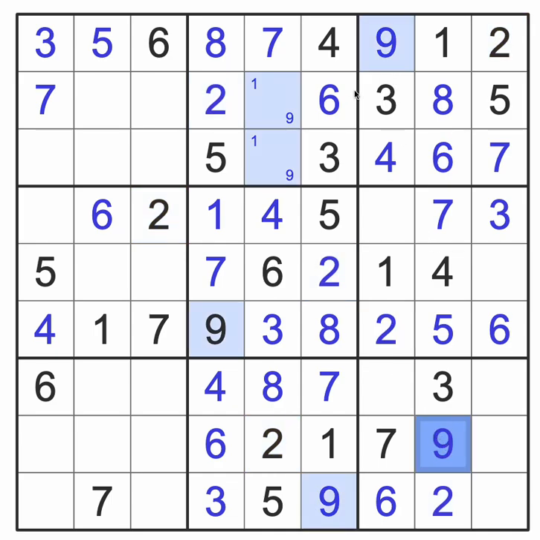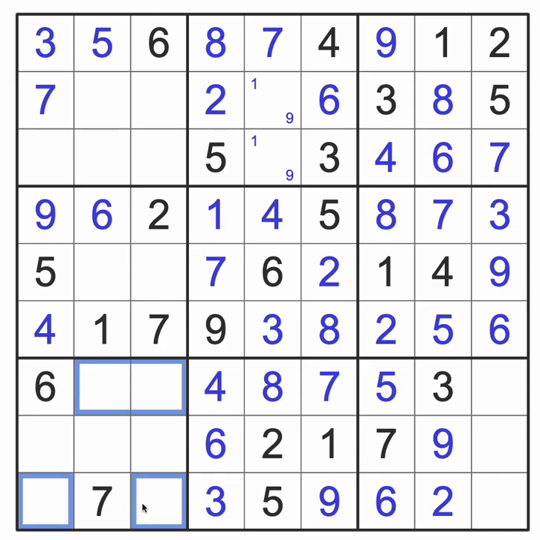And this 9 in box 3 blocks this cell, gives me 9 and 8 and 9. And this cell is now 5, and the 5 in box 9 and 8 block these. 5 in box 1 and 4 blocks these, gives me 5 here.